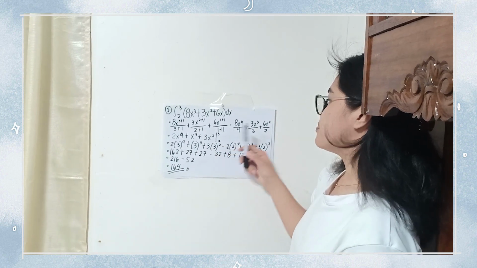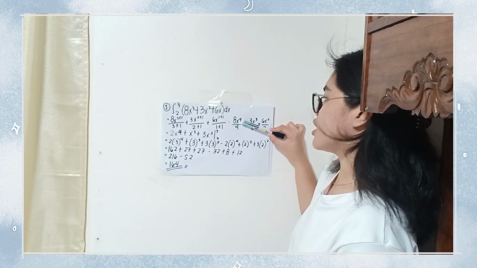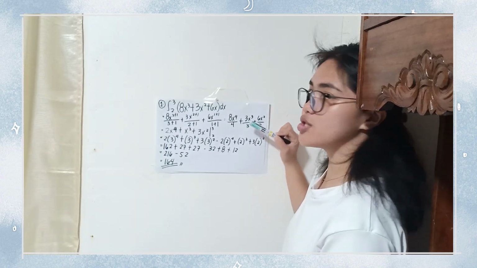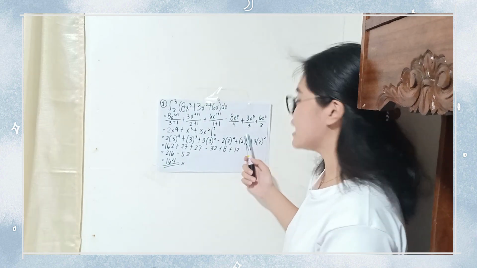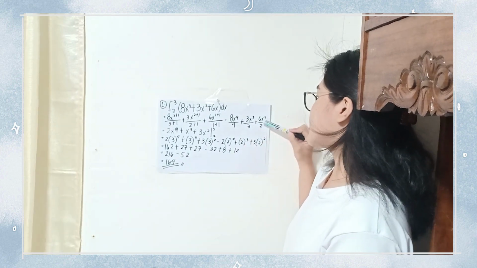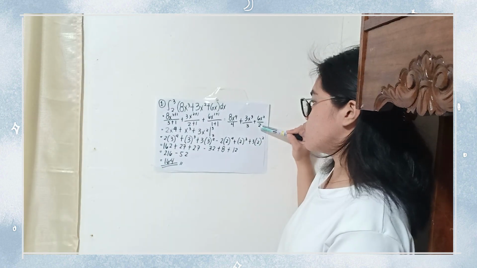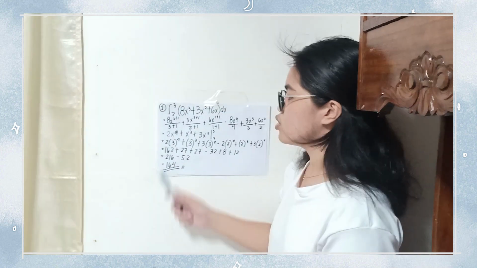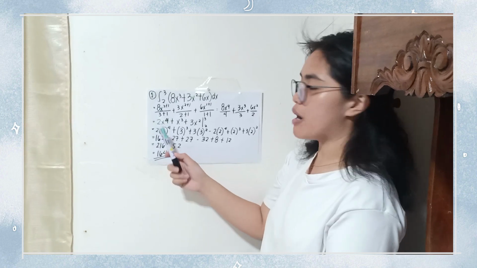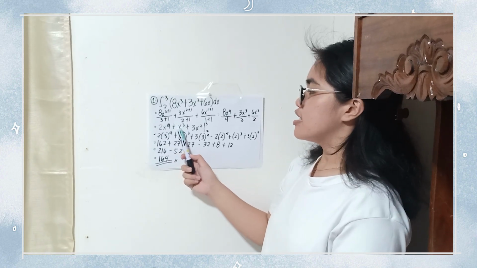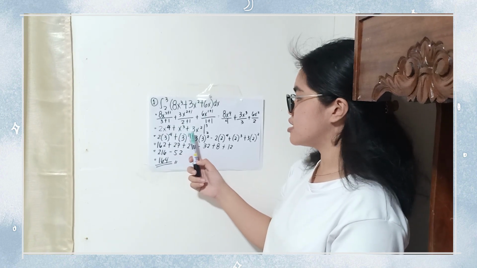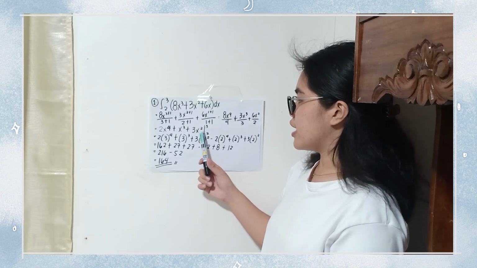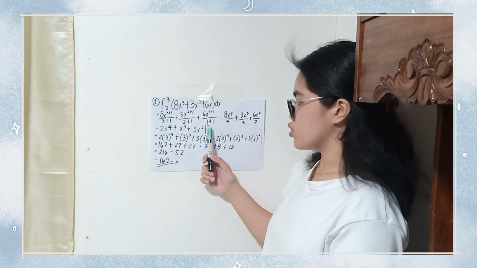So it will become 8x raised to the power of 4 over 4 plus 3x raised to the power of 3 over 3 plus 6x raised to the power of 2 over 2. As we can see here, we can simplify. So it will become 2x raised to the power of 4 plus x cubed plus 3x squared, integrated from 2 to 3.